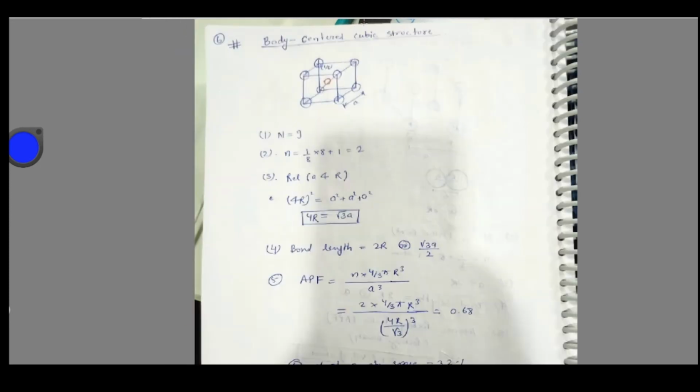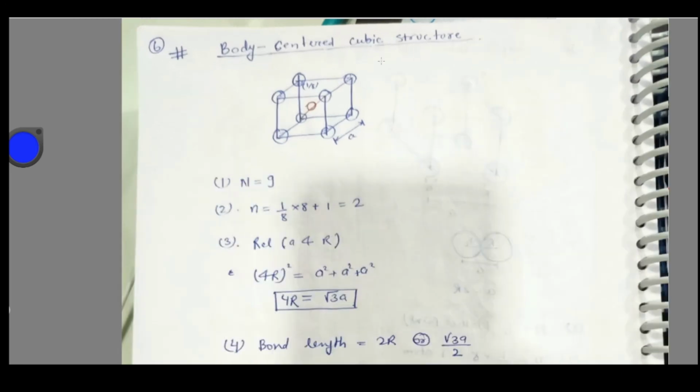Now we will discuss the body centered cubic structure. In the body centered cubic structure, at the center of the body, one atom will be present. So suppose this is one cubic structure.